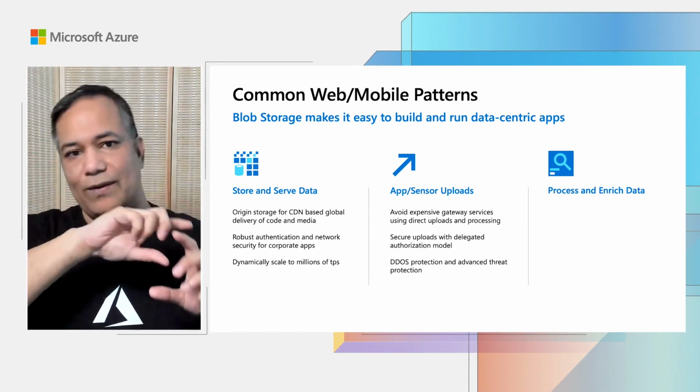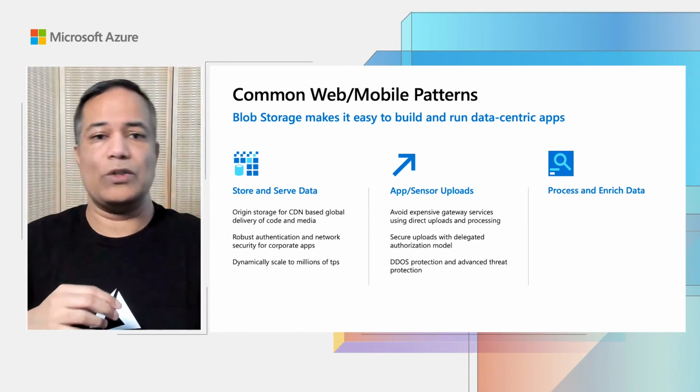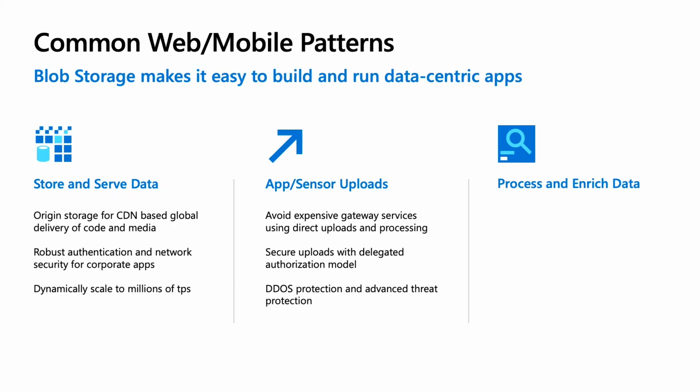So you avoid this extra and expensive proxy layer. We also provide DDoS protection by default, and you have advanced threat protection if you want to use these capabilities to understand when you're being attacked, or if you have malicious users trying to break into your storage accounts.